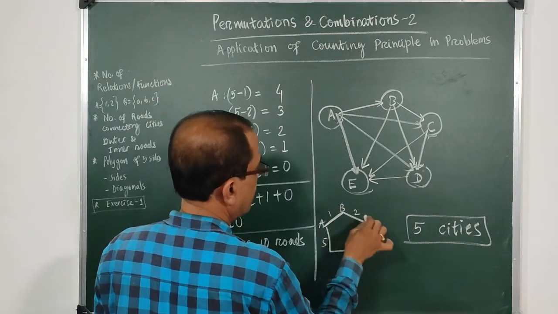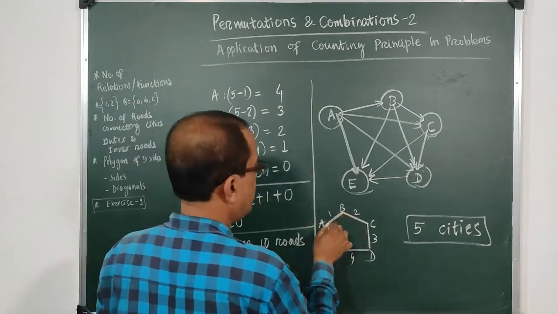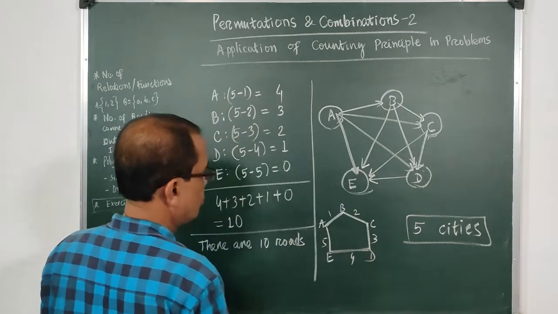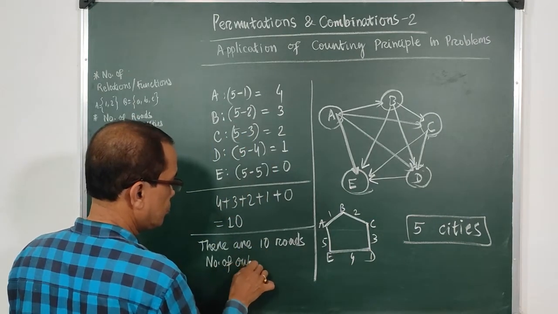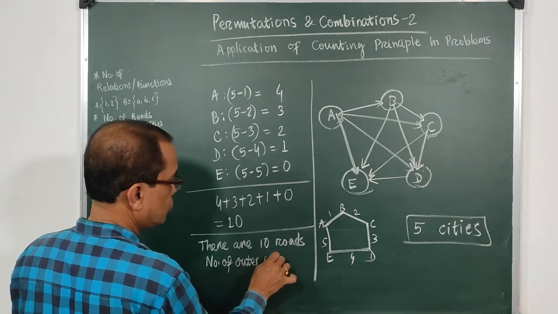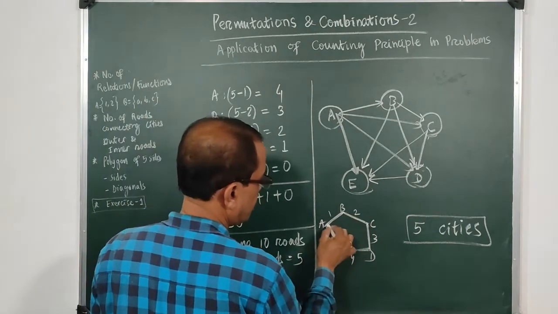You can see that A, B, C, D, E are 5 cities, and the 5 cities have 5 outer ring roads. So the number of outer roads is equal to 5. So how many inner roads will be there?